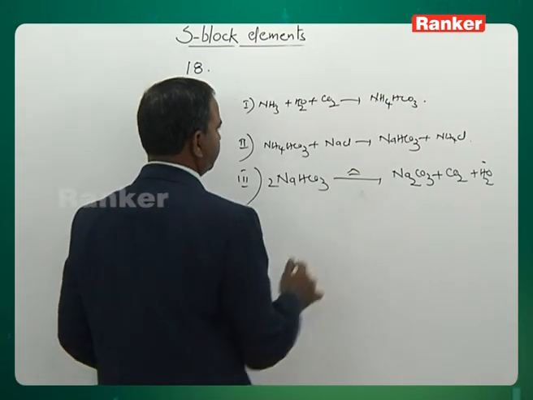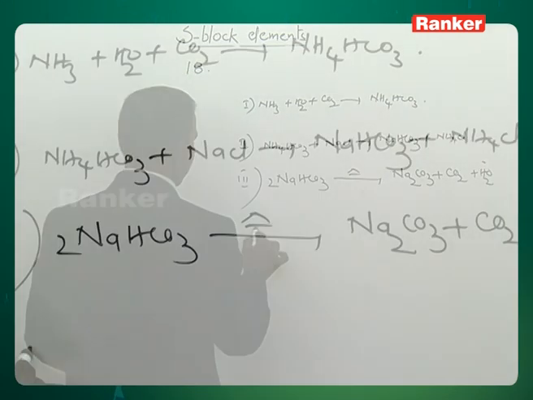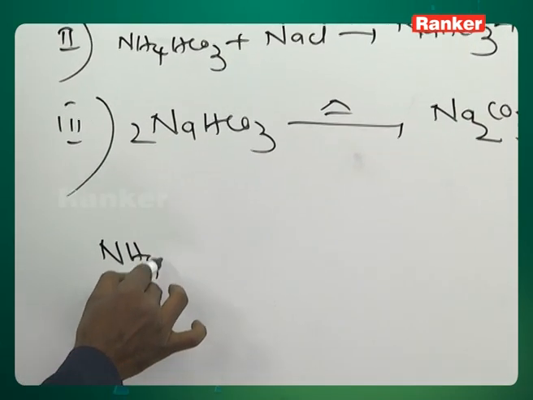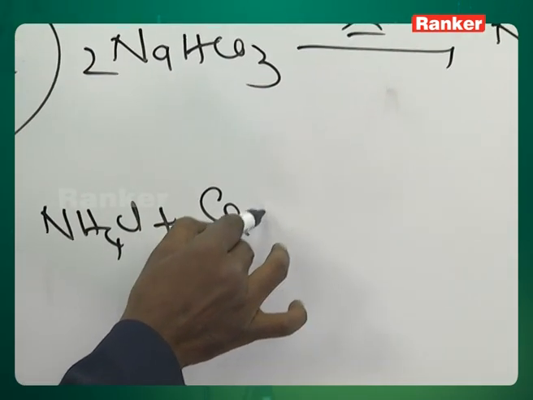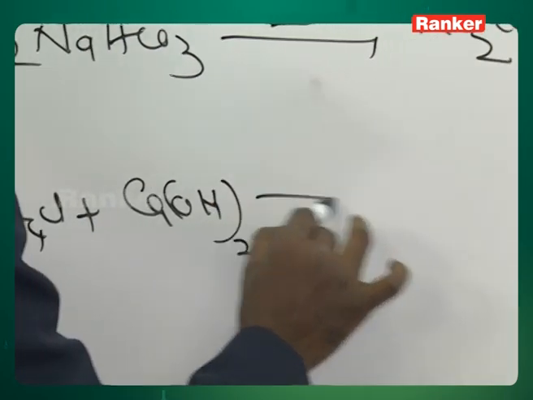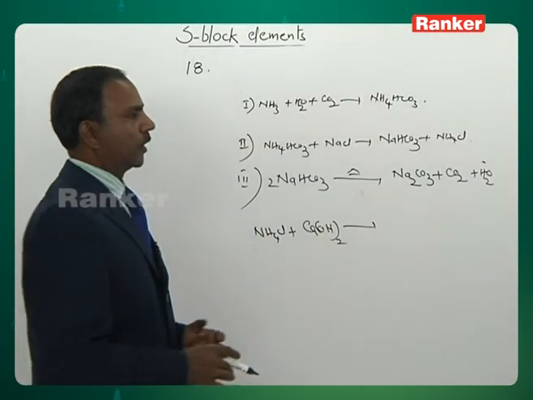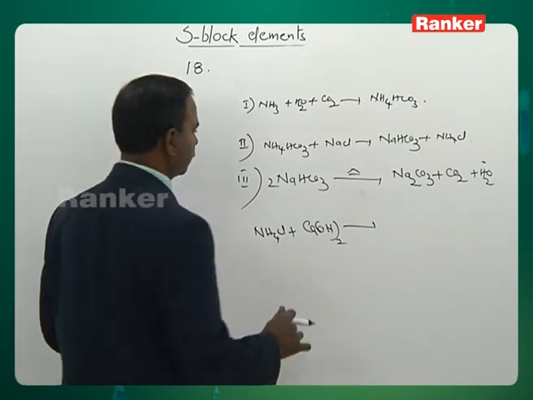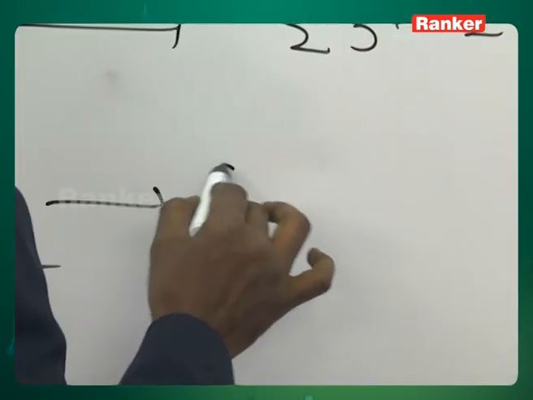This particular ammonium chloride, on reaction with calcium hydroxide, gives ammonia gas.